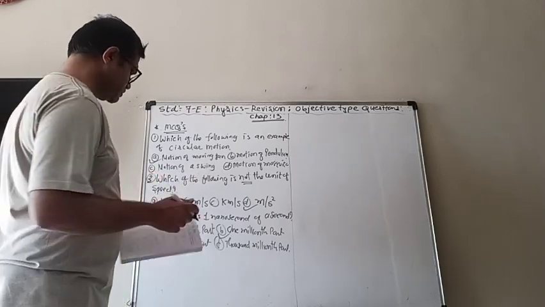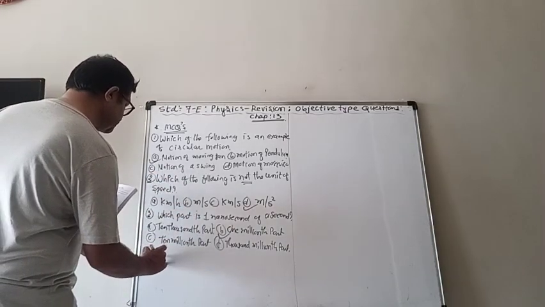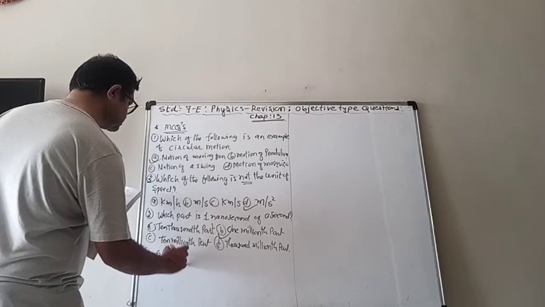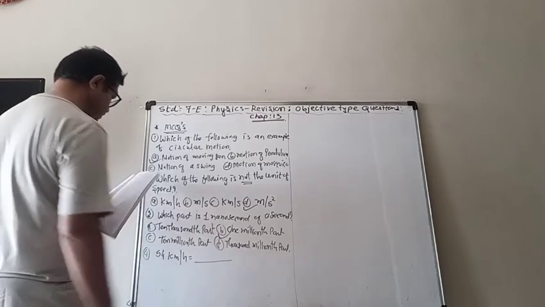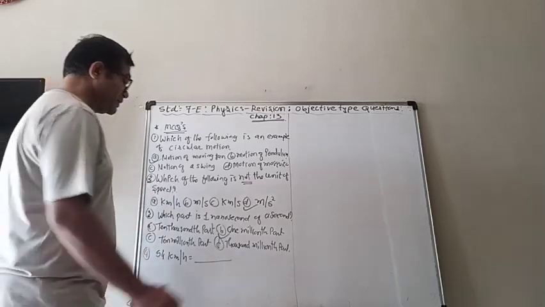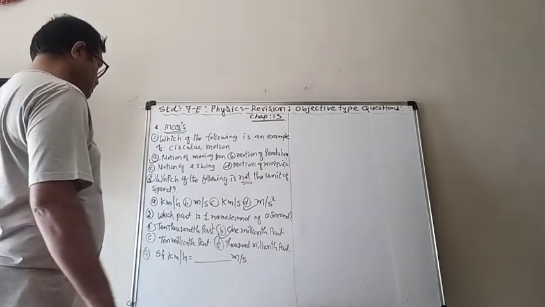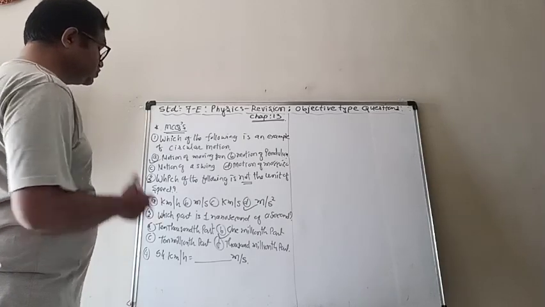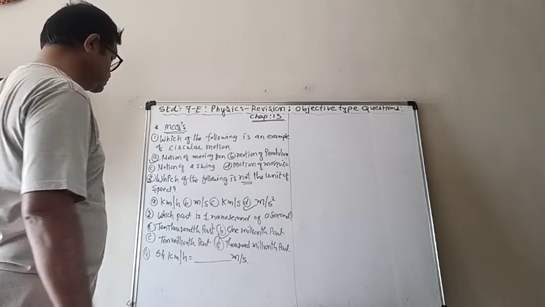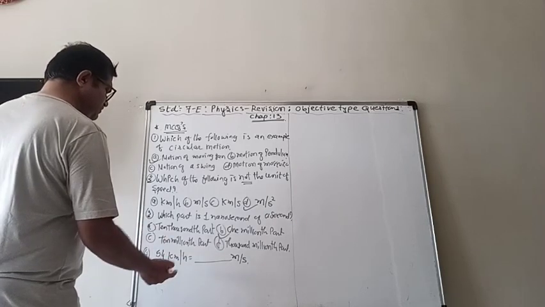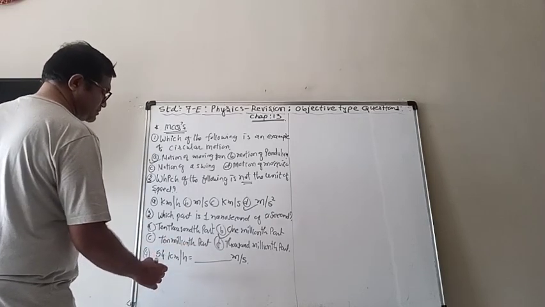Next, 54 kilometer per hour is equal to blank meter per second. So here we have to do the calculation. I am not giving you the options, but we will do the calculation here.